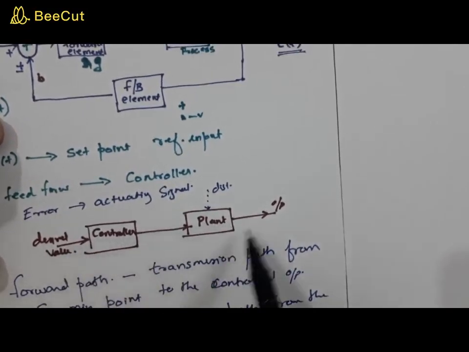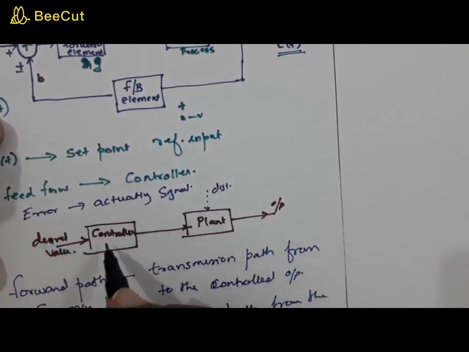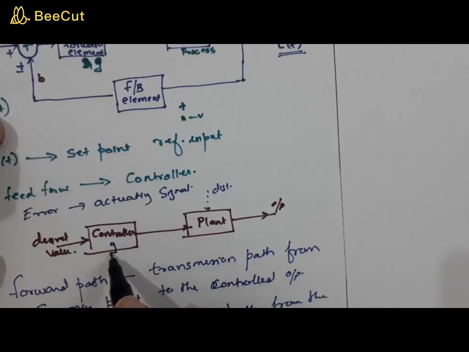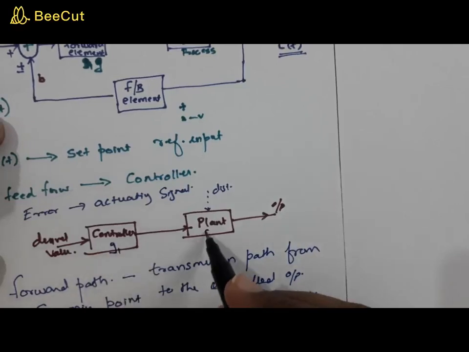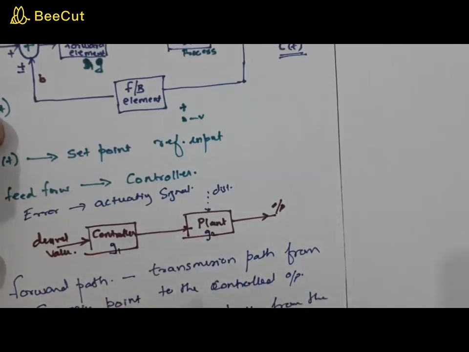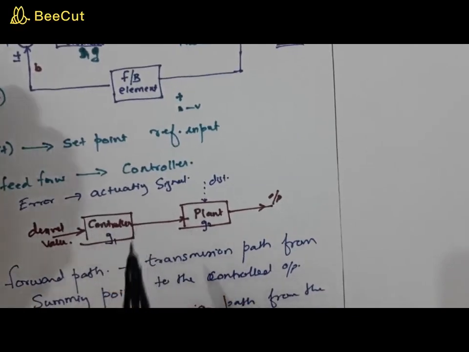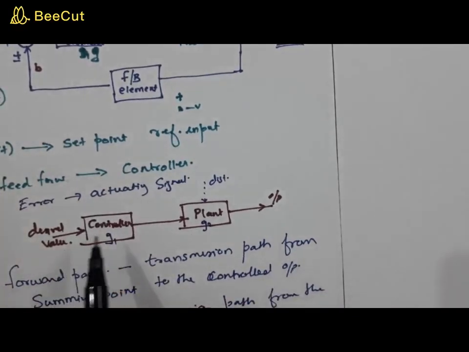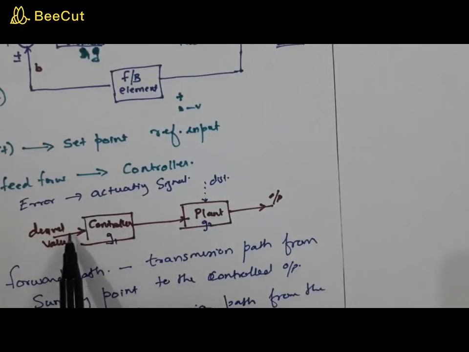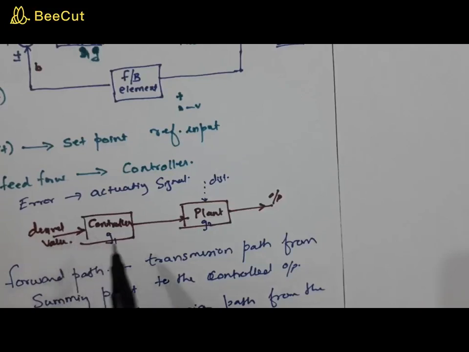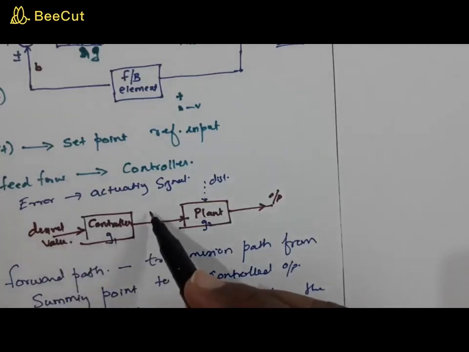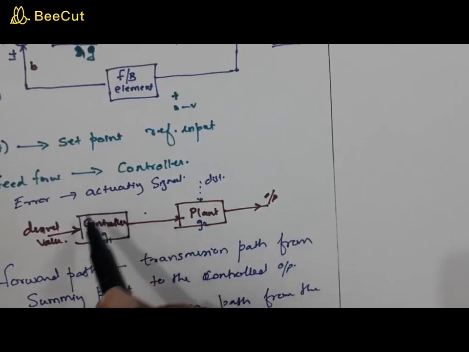Now these are two blocks. This will have some function, say G1, and let this be G2. What's the meaning of that? This is equivalent to gain in an amplifier. This output and this input, that is a desired value, becomes an input based on some function of the controller.